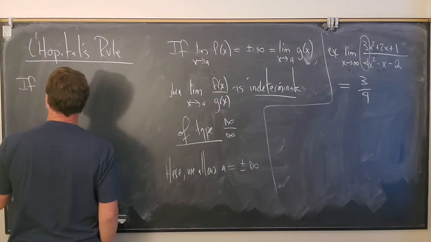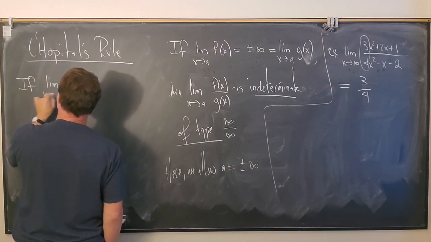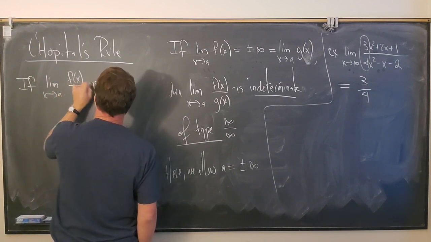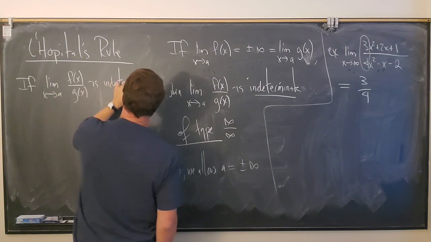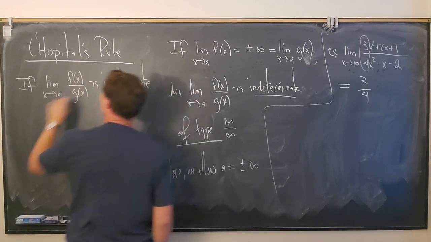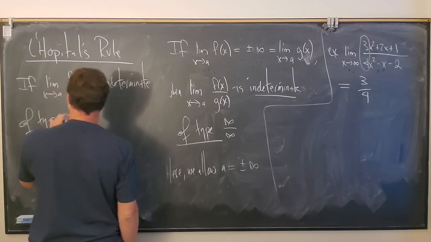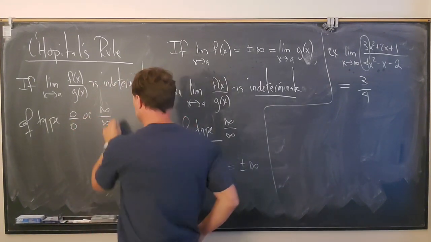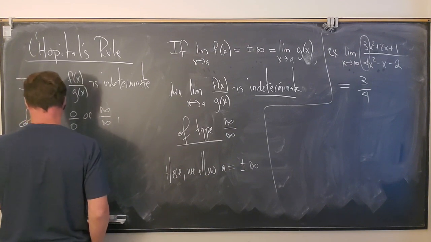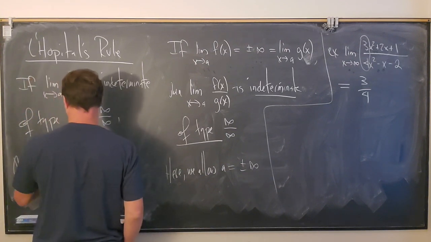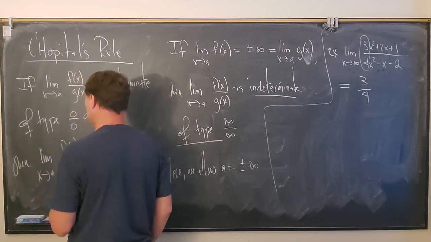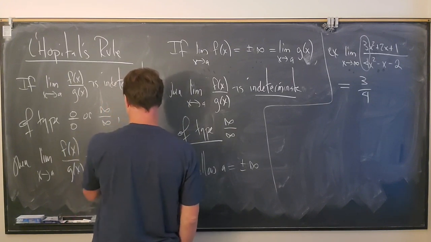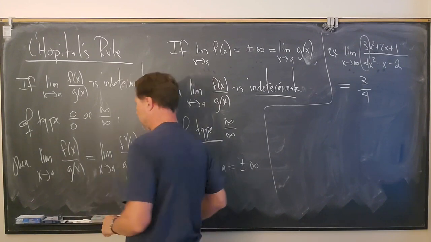If the limit as x approaches a of f of x divided by g of x is indeterminate of type 0 over 0 or infinity over infinity, then the limit as x approaches a of f of x over g of x is equal to the limit as x approaches a of f prime of x over g prime of x.